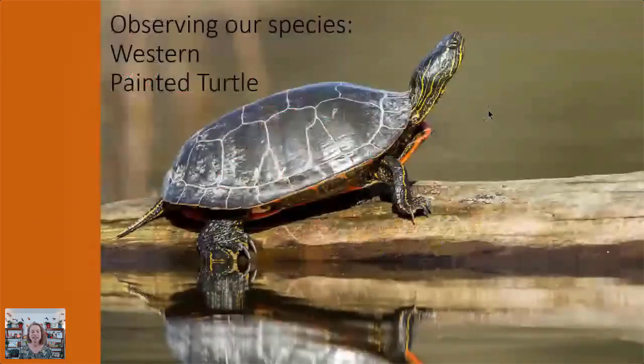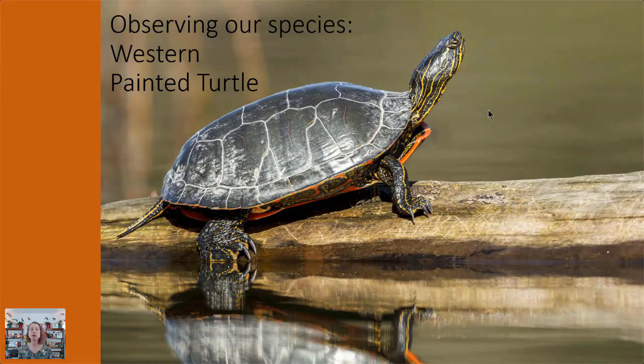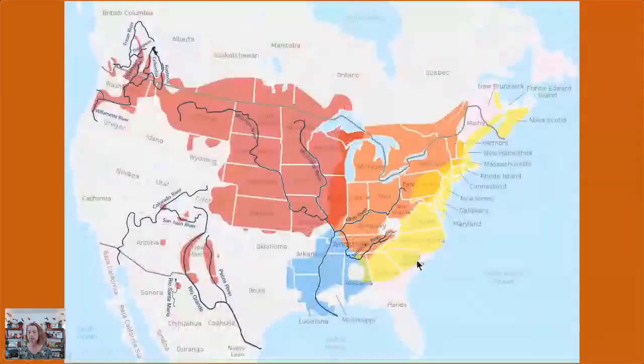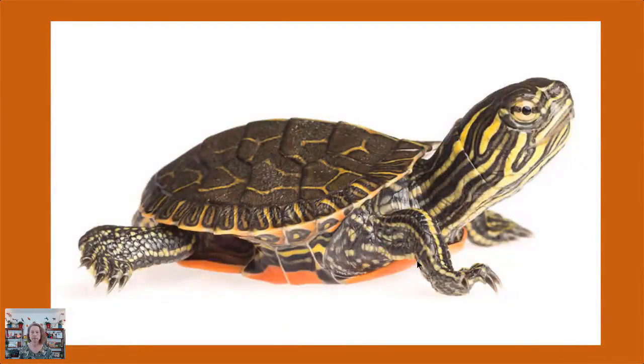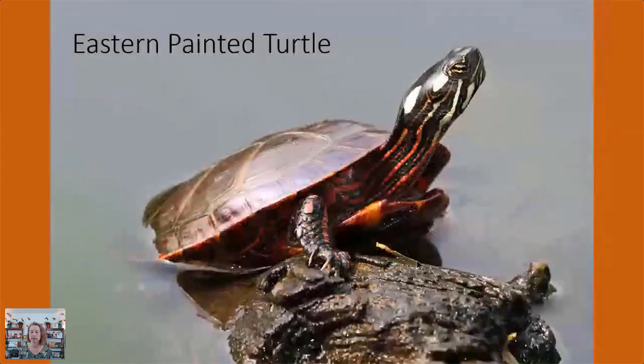And this one, so it comes in two varieties, the painted turtle. Lots of varieties, but I've shown you in our cheat sheet two of them. This Western one has red coloration on its plastron, this bottom part. So this is the Western painted turtle hatchling right here.